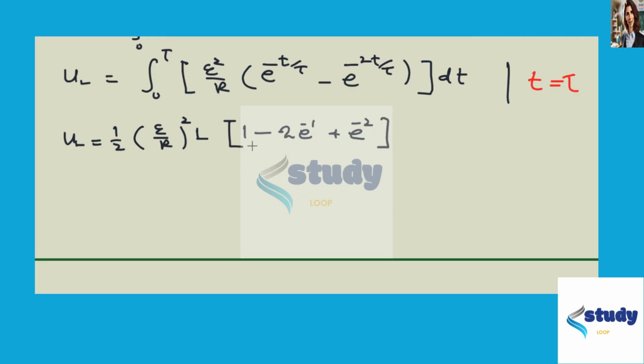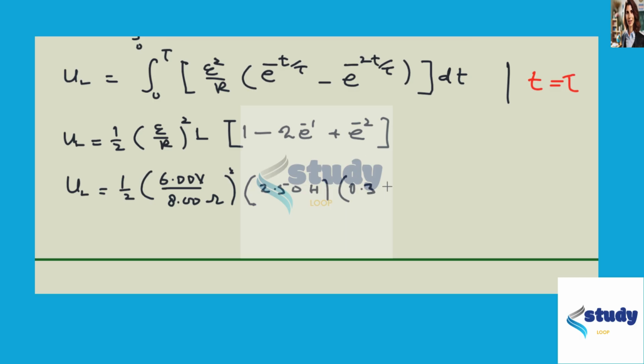So by inserting values into this equation, we can write UL is equal to 1 divided by 2 into 6.00 volt divided by 8.00 ohm whole squared into 2.50 Henry into 0.3996. So this will give us the value for UL as 0.281 joule.